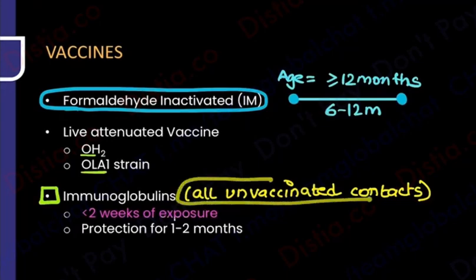So to all the unvaccinated contacts, it has to be given within 2 weeks of exposure, and the protection will last for roughly 1 to 2 months. So remember, even if someone comes with hepatitis A, all the contacts who are unvaccinated, they have to be given immunoglobulins. Are we sorted with this? Hepatitis A ho gaya.